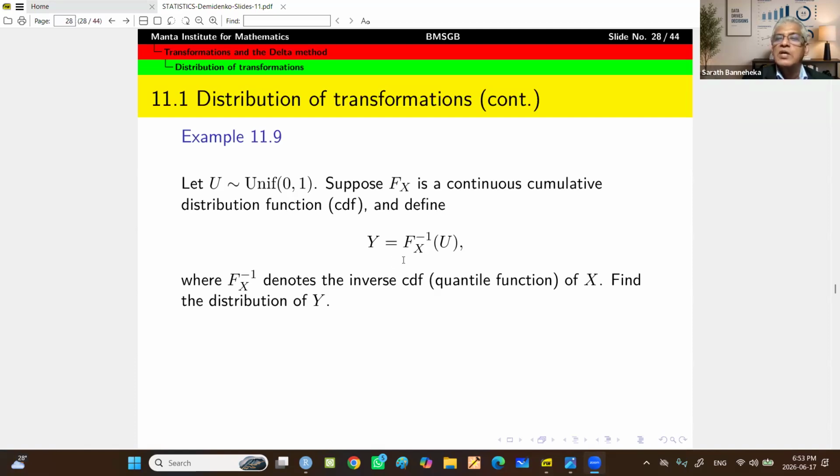So this whole thing is a random variable. F_X is the cumulative distribution function of random variable X. Then F_X inverse always exists, so we can talk about F_X inverse of U as a random variable. Let's derive the distribution of Y.